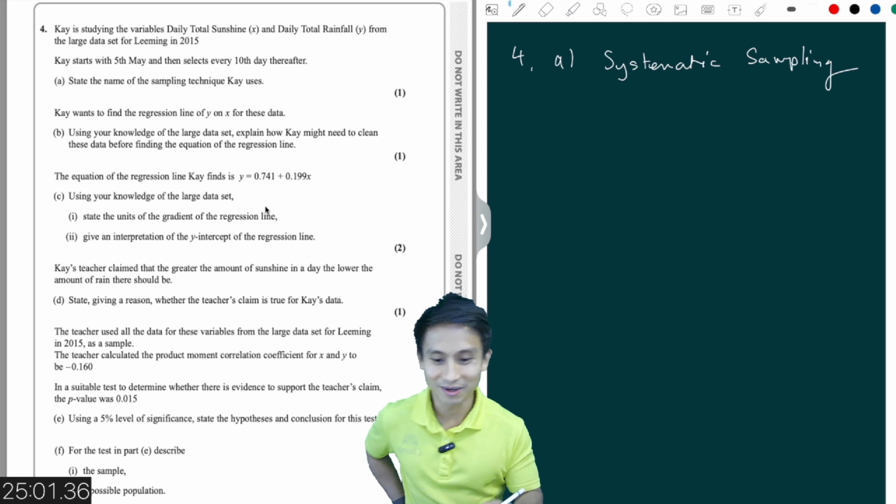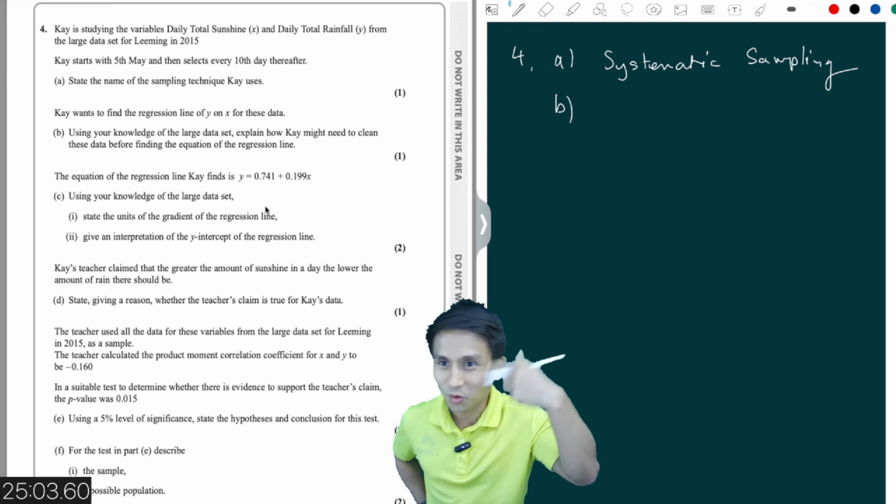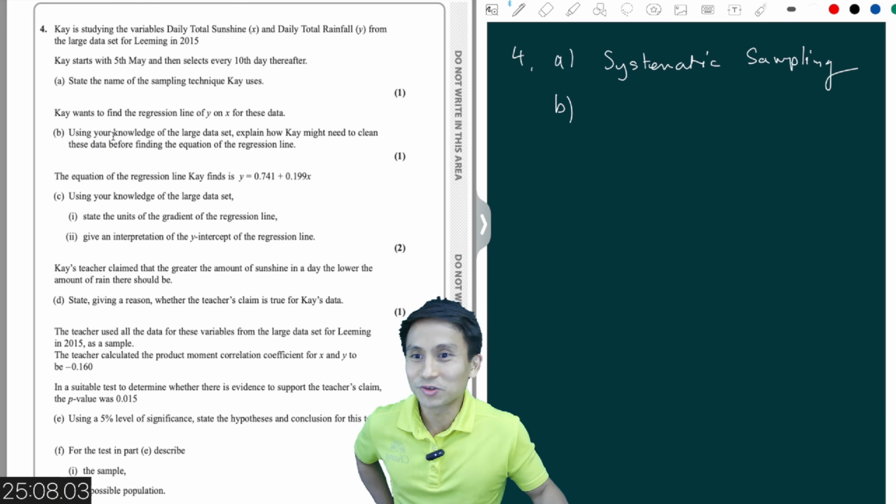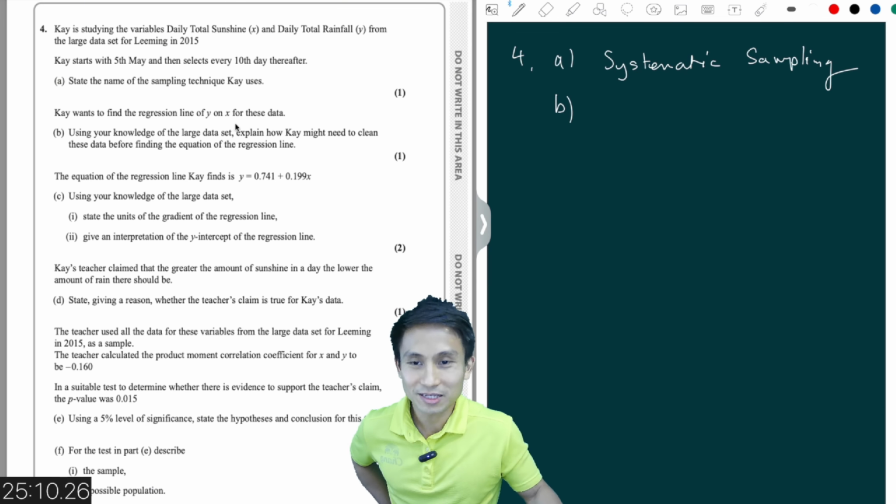Yeah, that's a funny name because you go every equal interval. So there you go. Next, K wants to find the regression line of Y on X for these data.